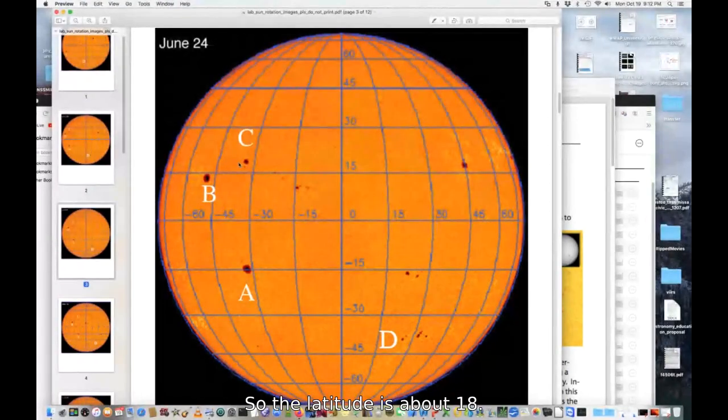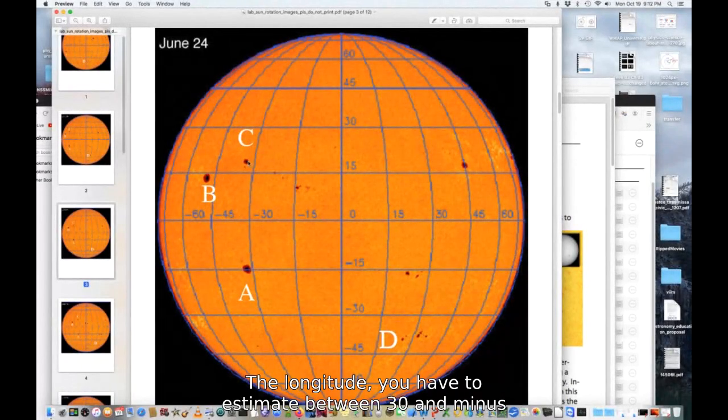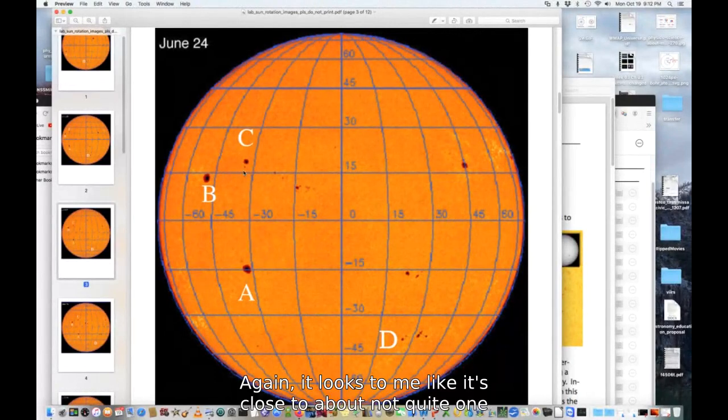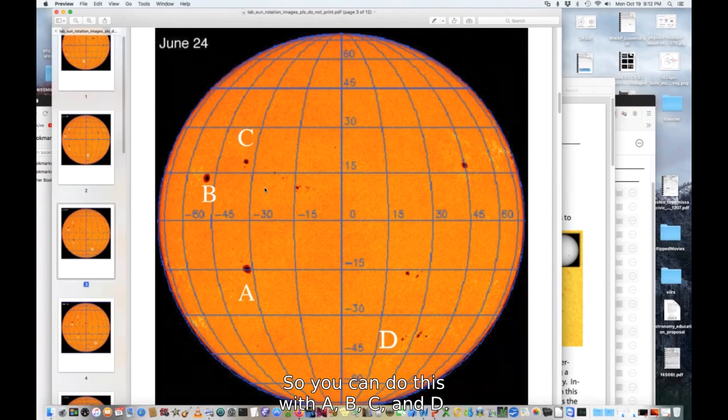What about the longitude? You have to estimate between minus 30 and minus 45. It looks like it's not quite a third of the way, so it won't be minus 35. It might be minus 34 or 33. Say minus 34. You have to make that estimate. Do you understand? You can do this with A, B, C, and D.